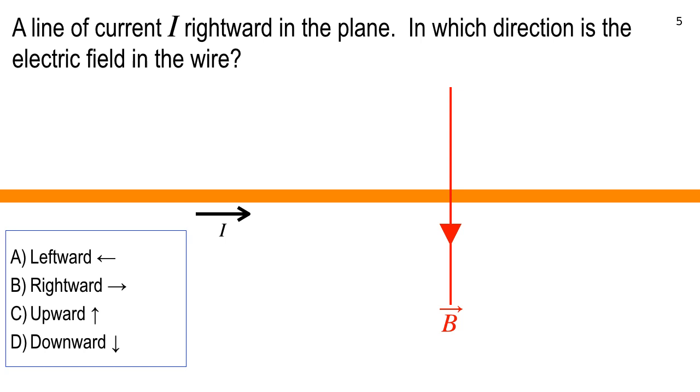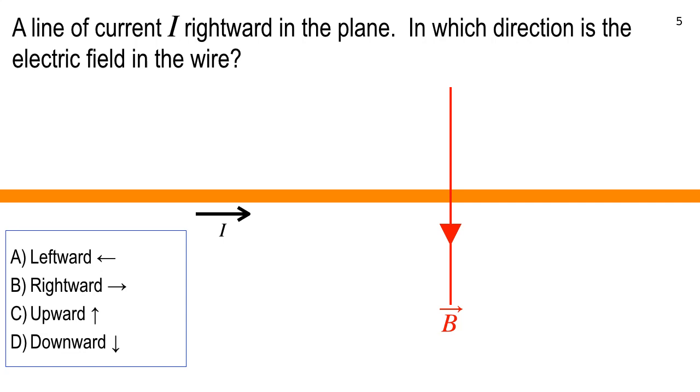Fifteen seconds. 10, 9, 8, 7, 6, 5, 4, 3, 2, 1, 0. Uh-oh. We got some explaining to do. So look, what you've got to remember, the current I is the conventional current.